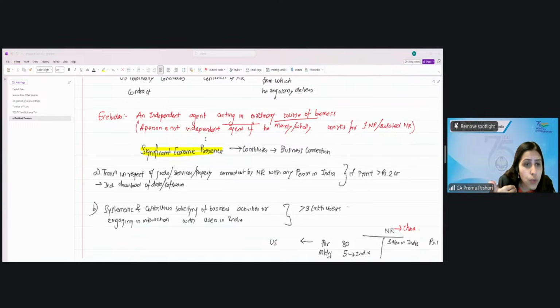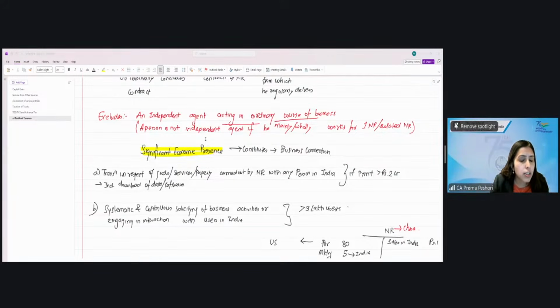However, you are doing a transaction in respect of goods, services, or property with any person in India. Now, this transaction can be advertising, marketing, transportation, can be any transaction in respect of any goods, services, or property, including the download of data or software in India, where the aggregate value of these transactions exceeds rupees 2 crores.